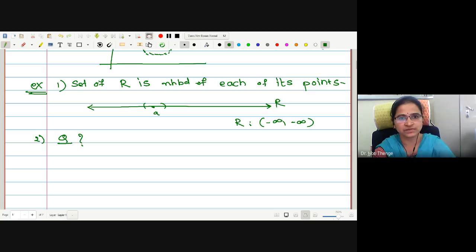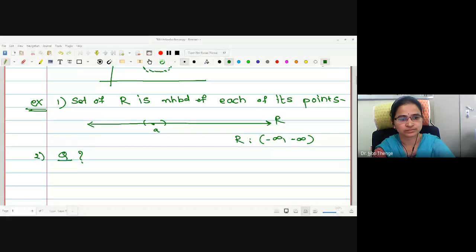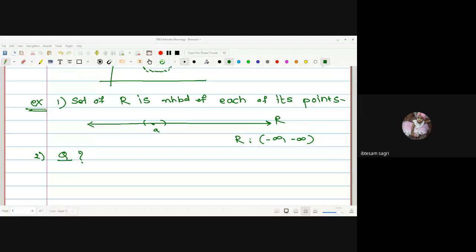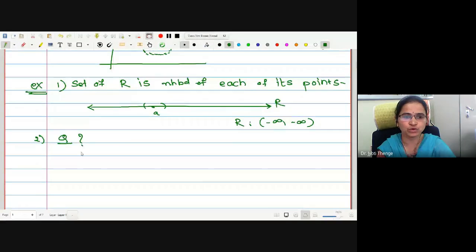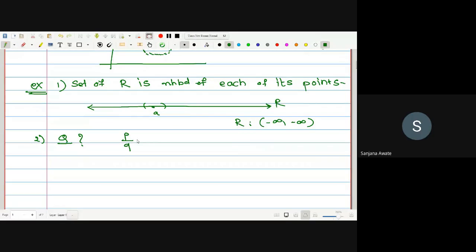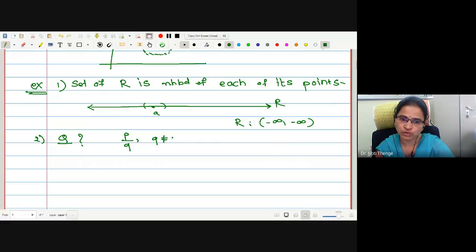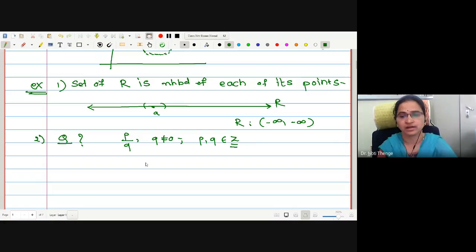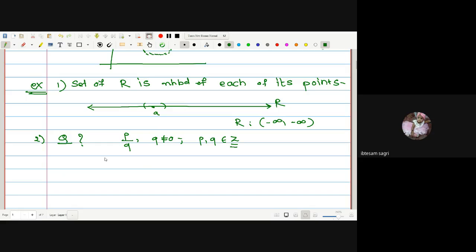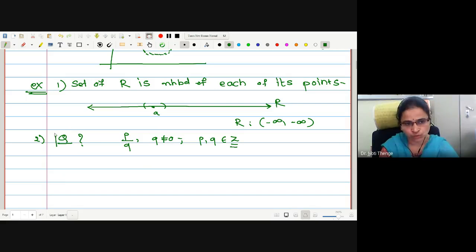A number of the form p by q, where q is not equal to 0 and p, q both belong to Z, the integers. Now, whether this set Q is a neighborhood of its points.